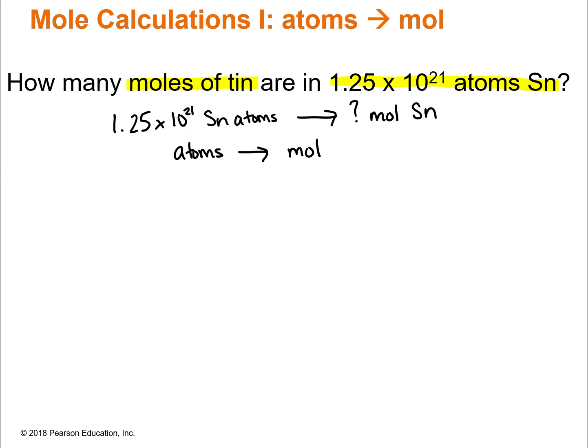It's very similar to what we just did, but we're starting with atoms instead of trying to answer the question, how many atoms. We're still going to use Avogadro's number. And the unit factors are still the same.